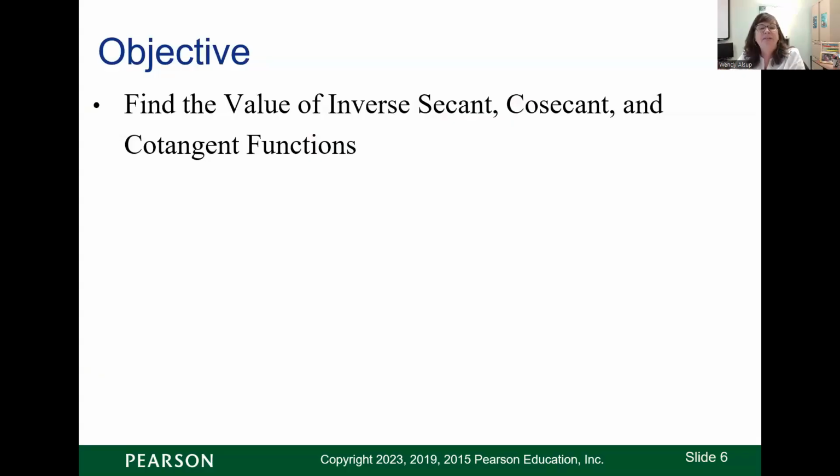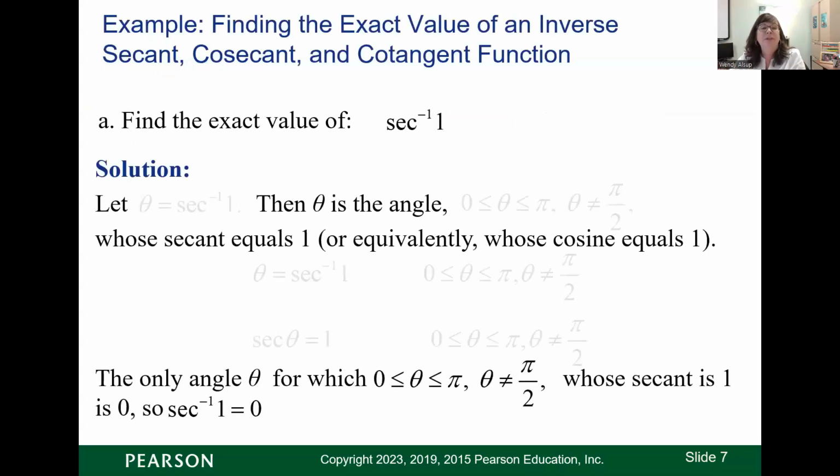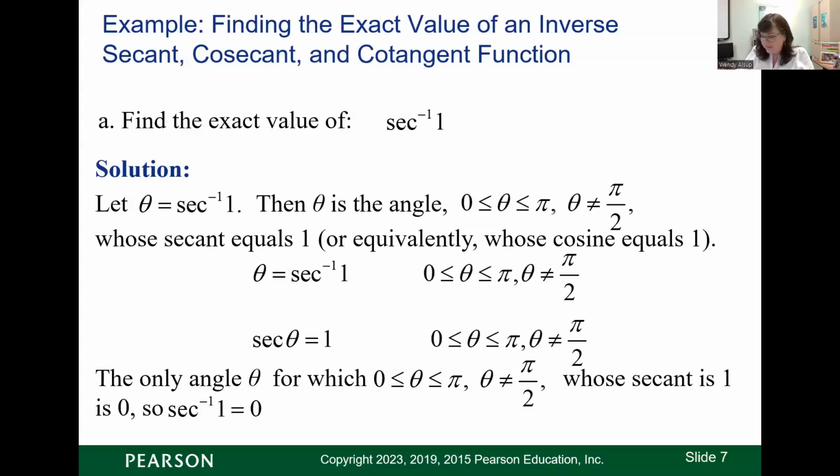All right, so find the value of an inverse secant, cosecant, and cotangent function. Let's say we're looking for the inverse secant of 1. Really the question we're asking is, this is going to be an angle.